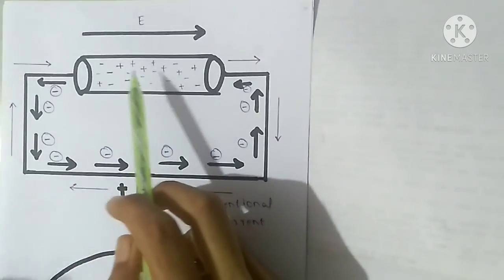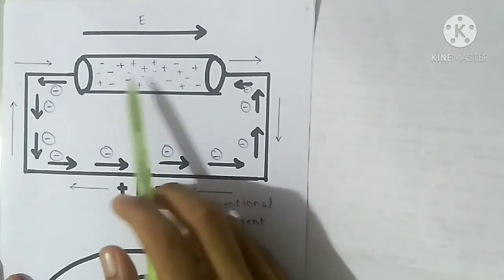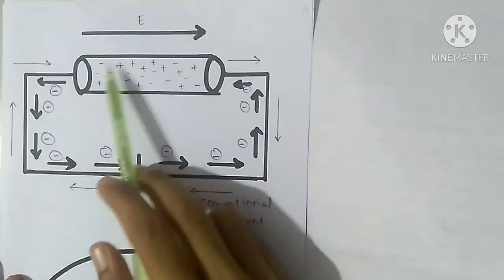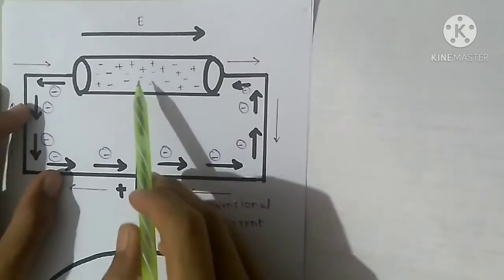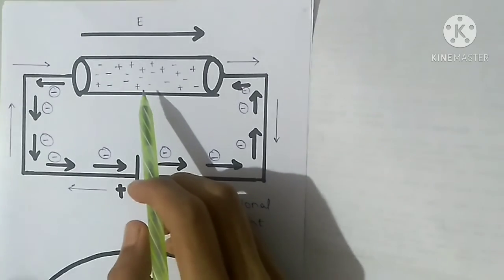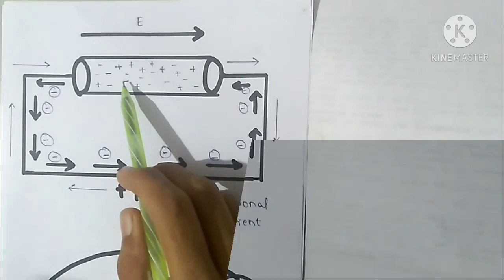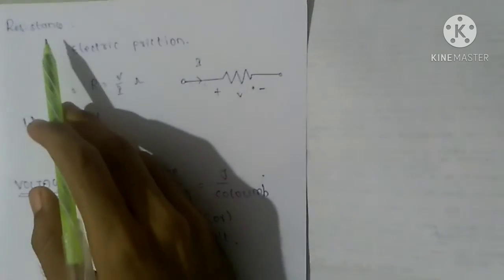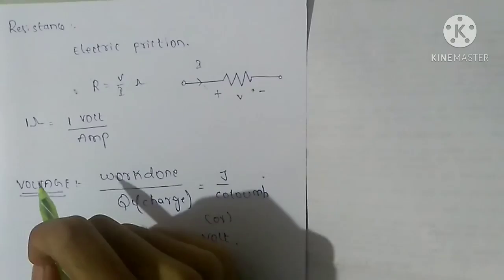While moving from left to right, the electrons in a conductor collide with the molecules of a material and liberate a quantity of heat. So it is known as resistance. So resistance is nothing but electric friction offered by the material.